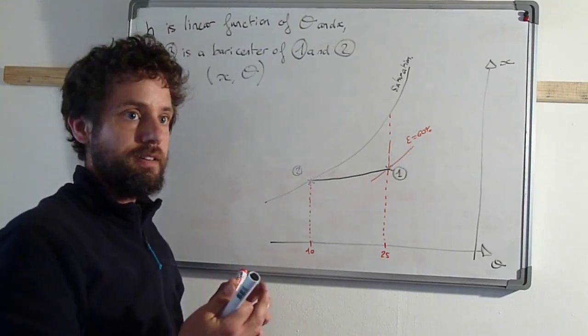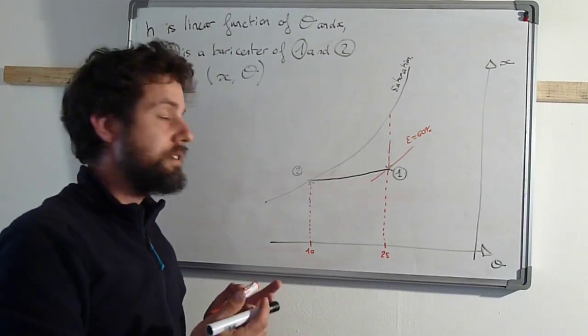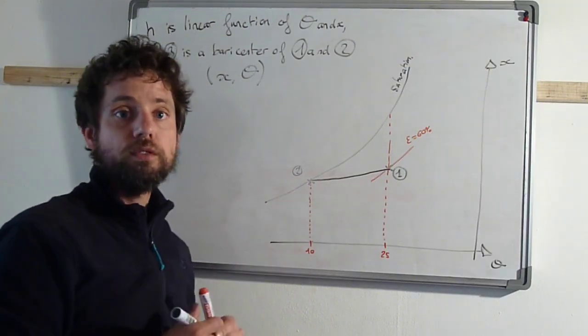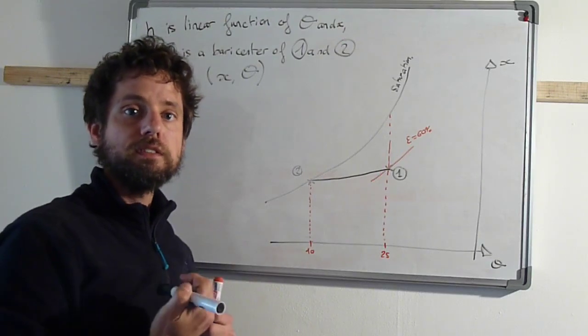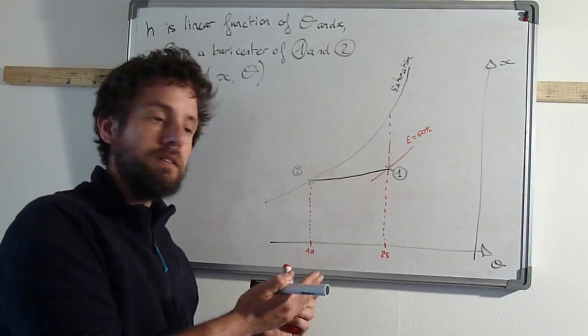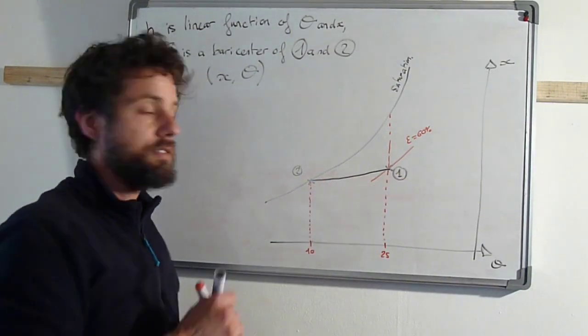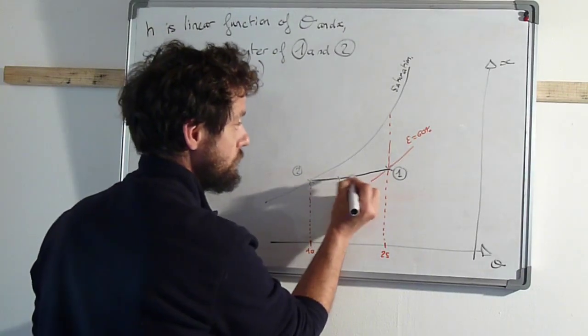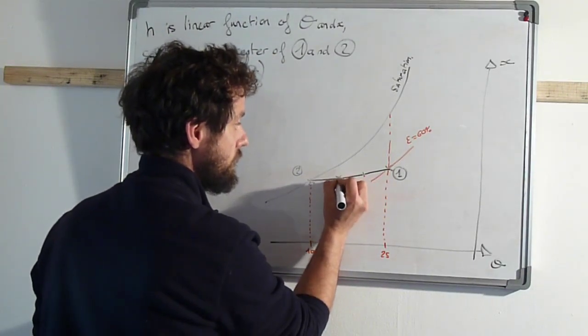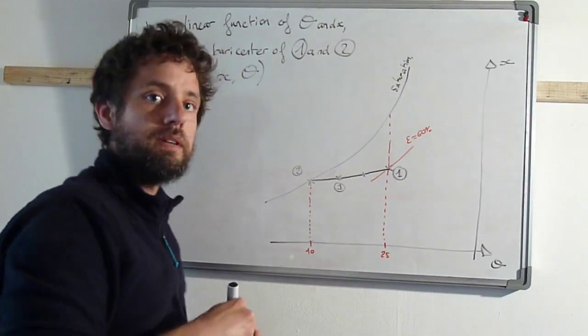So the point that would describe the state of system 3 would be twice closer to 2 than to 1. So you can divide this segment into 3 sections, and that's the state of system 3.